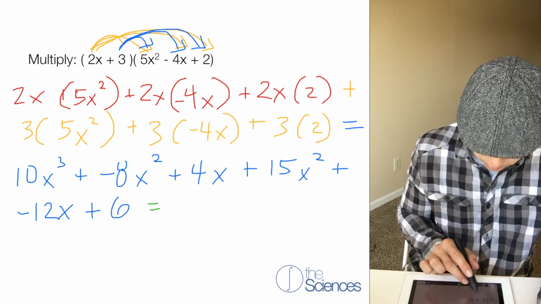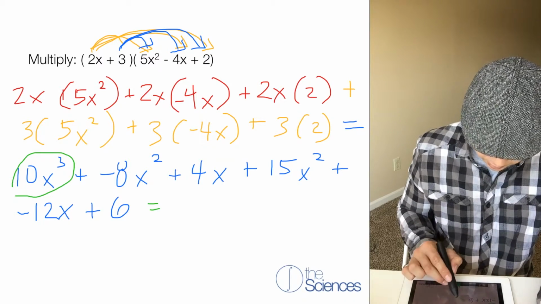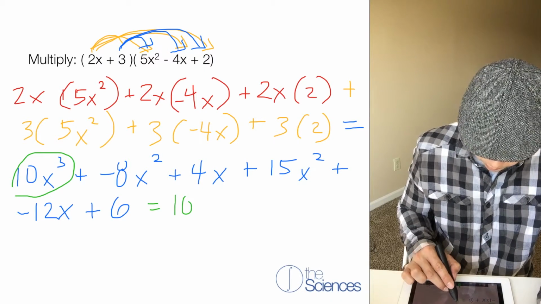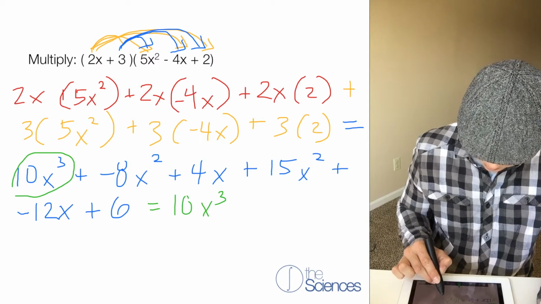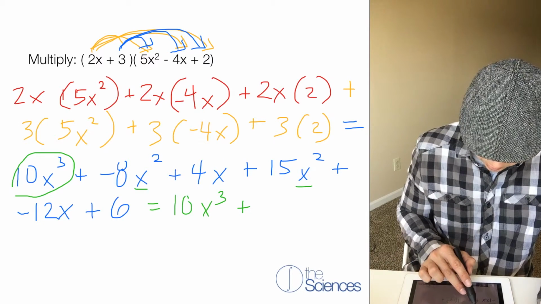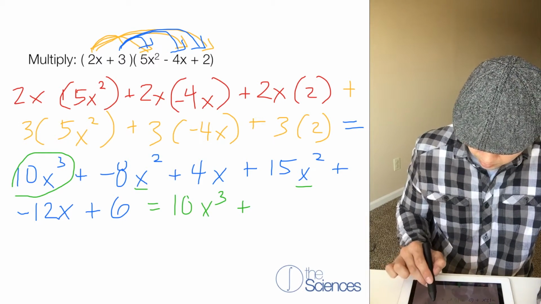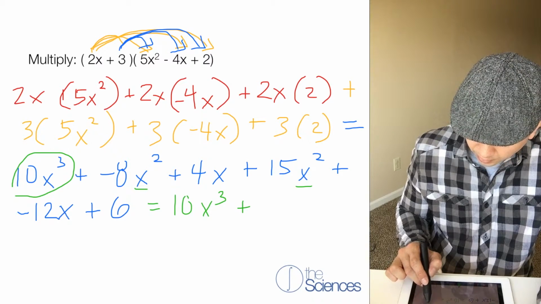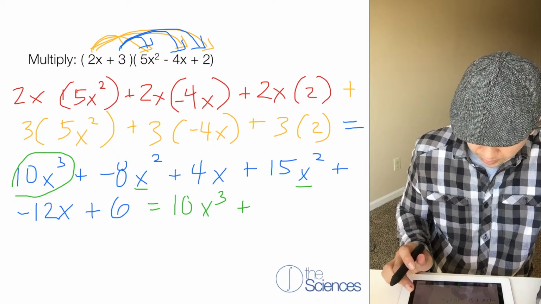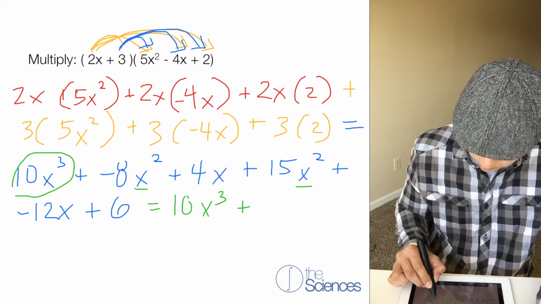So now all we're going to do is combine the like terms. We have no like term for 10x cubed, so we have 10x cubed. Plus, then we have negative 8x squared plus 15x squared, which is 7x squared.